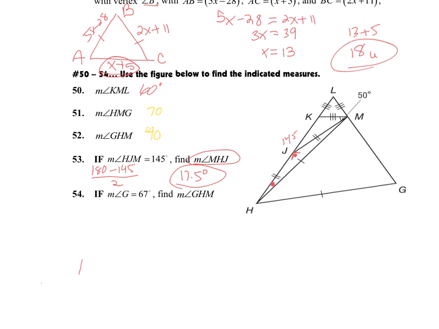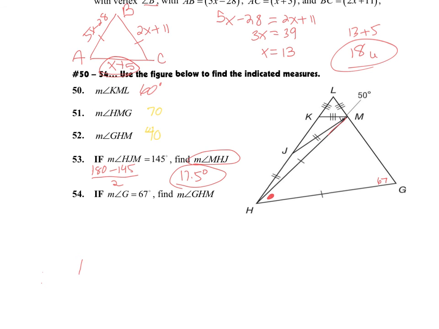And let me erase that out. And the last thing says that if we have angle G is 67 degrees, so right here 67 degrees, we need to find the measure of GHM. So we're looking for this measure right here.